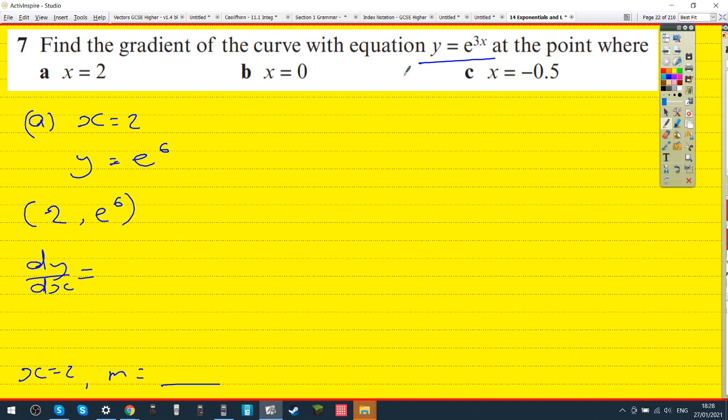It is the derivative of the original function, so 3e to the 3x. And you use that to get the gradient. When x is 2, what is dy dx?